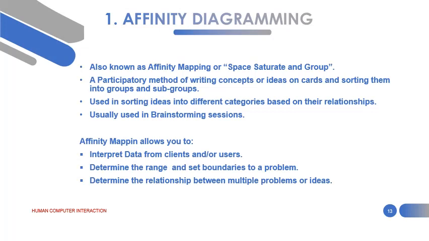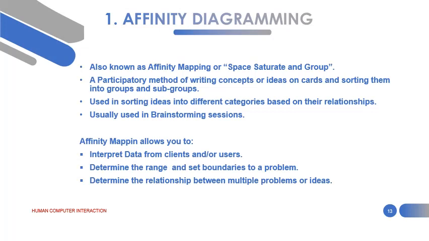So affinity mapping allows a designer to interpret data from clients and users to determine the range and set boundaries to a problem, and to determine the relationship between multiple problems or ideas.